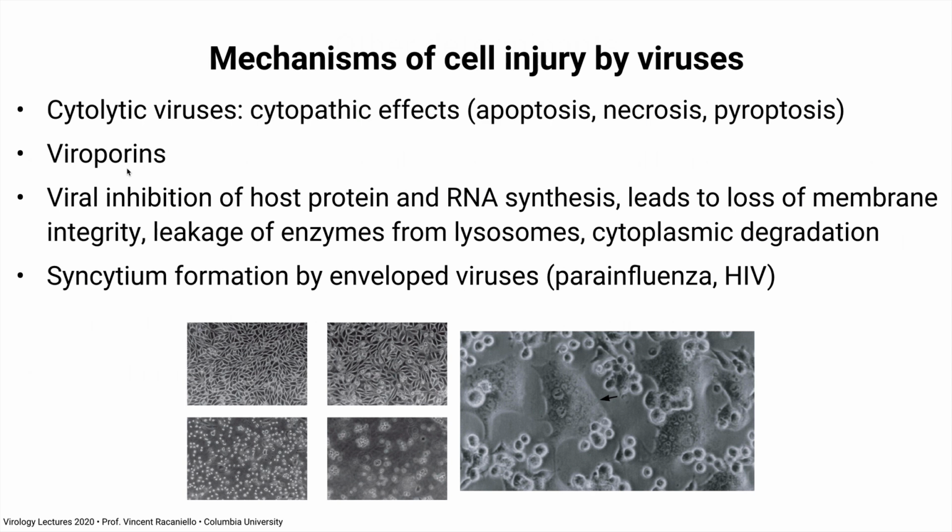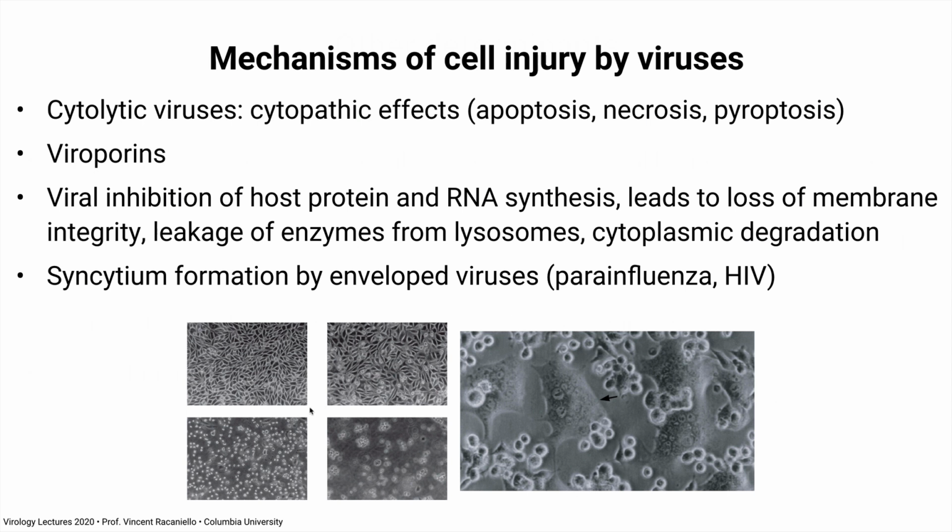Many viral genomes encode viral porins, which are proteins that form channels in membranes and allow cytosolic contents to leak out. That further will destroy the cell. Many viral gene products inhibit host protein and RNA synthesis. This leads to membranes falling apart, leakage of enzymes from lysosomes, cytoplasmic degradation, and finally, enveloped viruses induce the formation of syncytia.